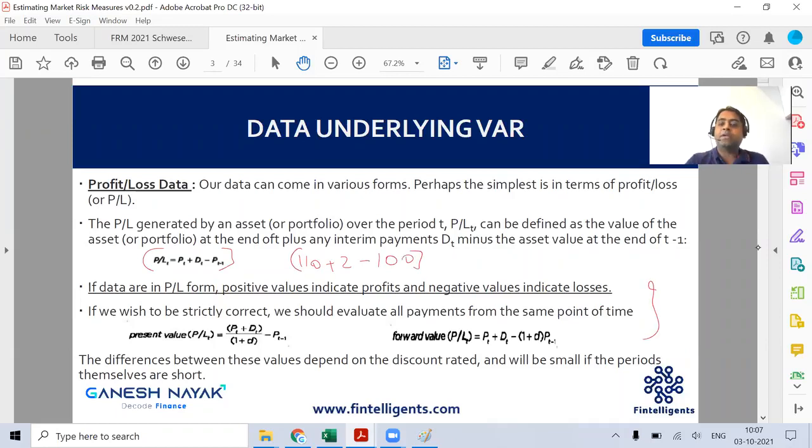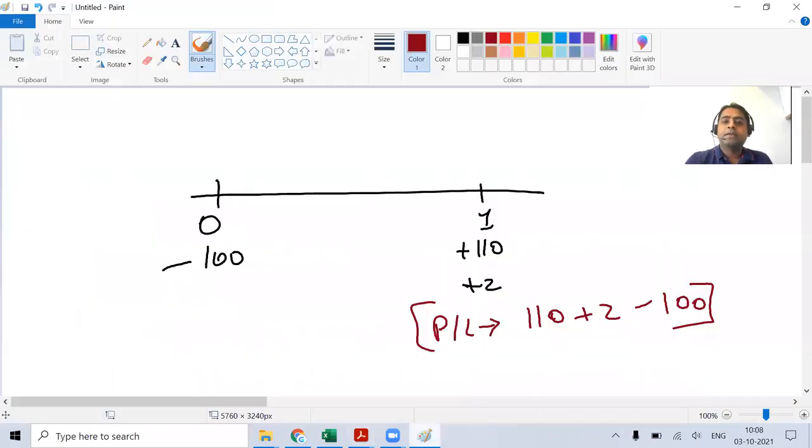The reason they are talking about this is that all the data points are not at the same time. If I go back to my example, this is time 0, and this is time 1. We can deal with this difference in two ways.